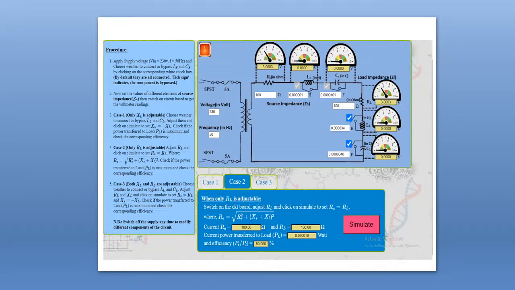After that, bypass the inductance and capacitance side. And you repeat this experiment for at least 15 to 20 resistance values.